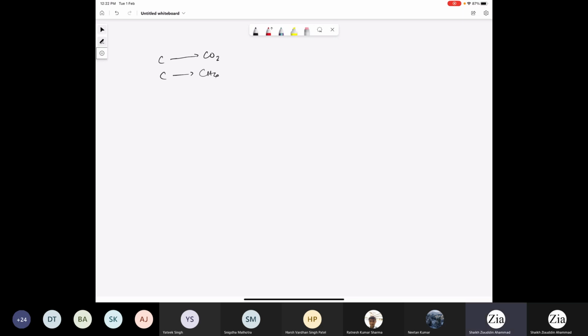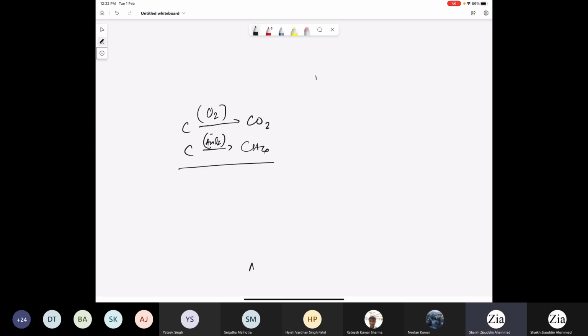Whenever we convert carbon to CO2, we use oxygen to oxidize it, and in the absence of oxygen, or minus O2 you can say, we convert it to methane. Now, in the aerobic process, oxidation of carbon happens because of the supply of air in the aerobic reactor.